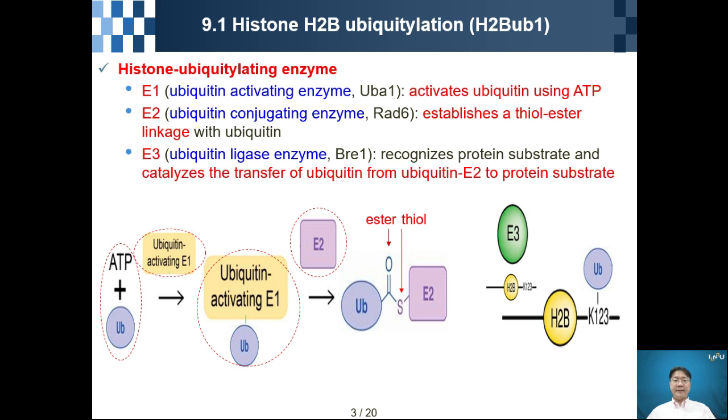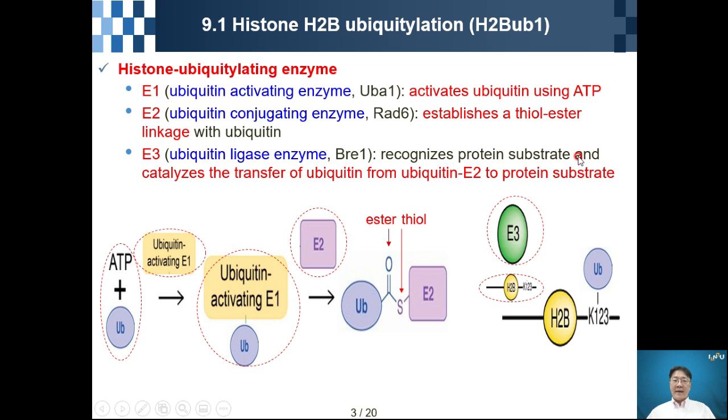The final one we call the ubiquitin ligase enzyme. The very famous example is BRE1. The main function is to recognize the protein substrate. This is the E3 enzyme. First, it recognizes the protein substrate.